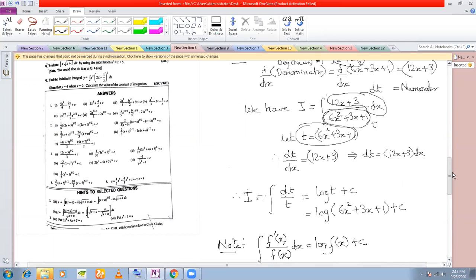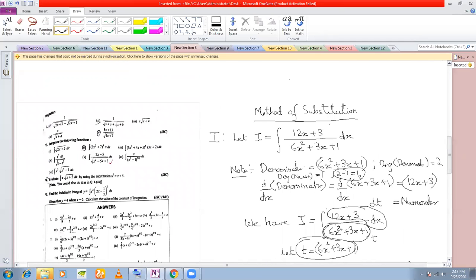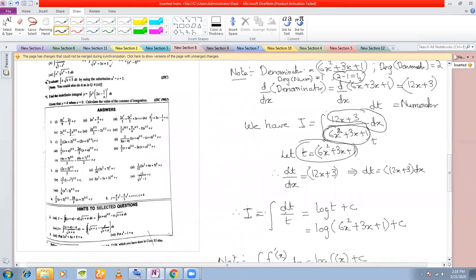See what I get here from this problem? This is f dash x, isn't it? And this is f(x). And what is the answer I got? Log of the denominator, log of f(x).